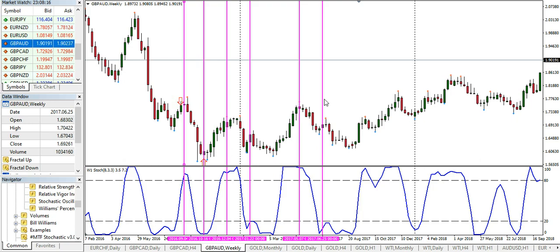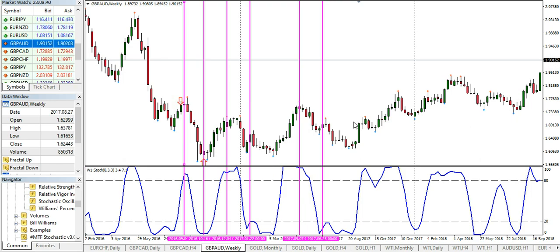Once it reaches into the buy zone, we're finished selling. We're going to stop selling, regardless of whether price continues to go down. Even though the oscillator is in the buy zone, no matter that, we are going to come out of the trade.